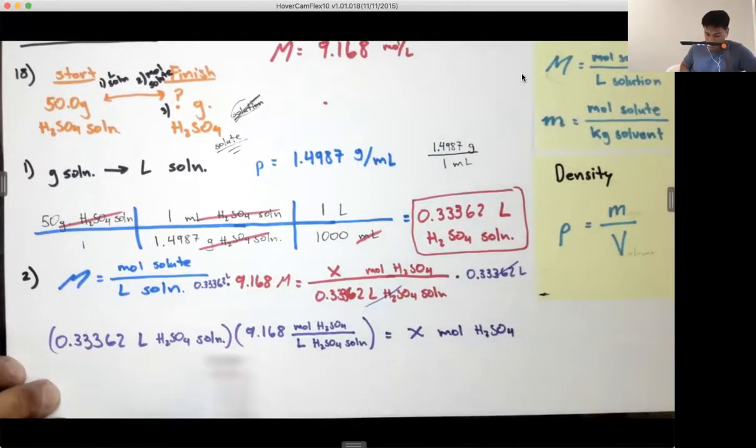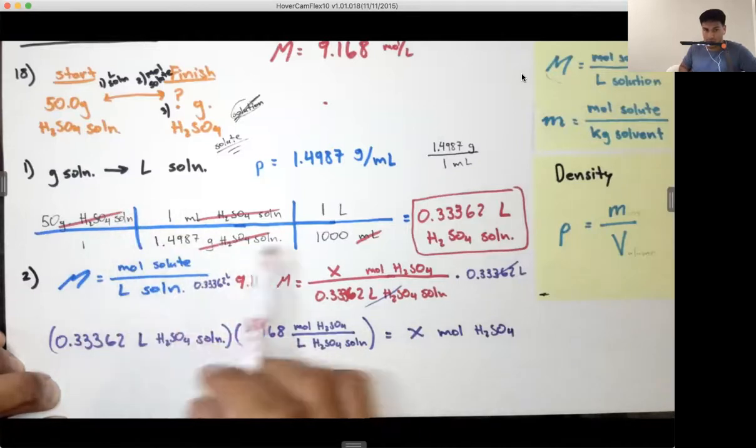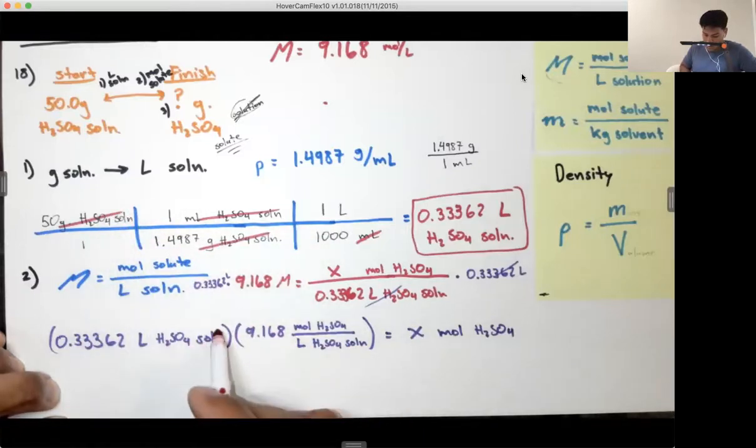Now, let's think about this mathematically. We're going to multiply the numbers, obviously, right? But let's think about the units. If I'm multiplying H2SO4 solution as a numerator to this, and here it's in a denominator, it's kind of the same thing as if we were doing a bridge notation. This liters of H2SO4 solution is going to cancel this liters of H2SO4 solution here, right?